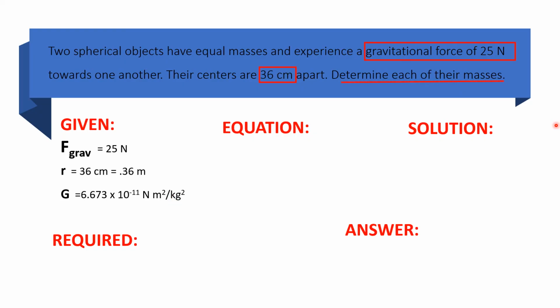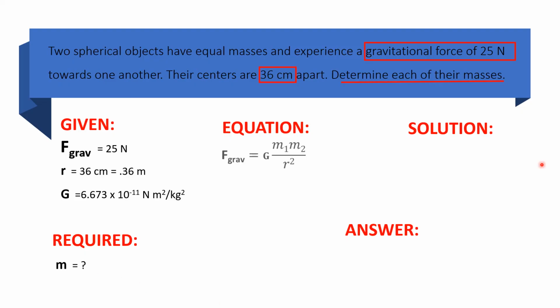And the problem asks you to find the masses of this object. Since I already told you that their masses are equal, so instead of writing two masses as required, I just put 1m because they have equal masses.